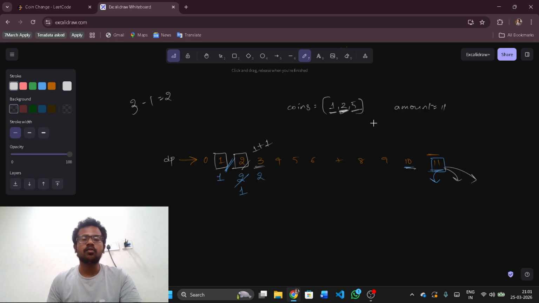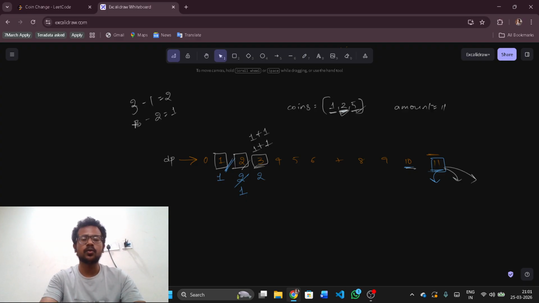What if I take coin number 2? 3 minus 2, the remaining amount will be 1. To make 1, I need just one coin. So 1 plus 1 is 2 again, no need to update. Is 5 less than or equal to 3? No, so I don't even take that coin. So the minimum coins to make 3 is 2.